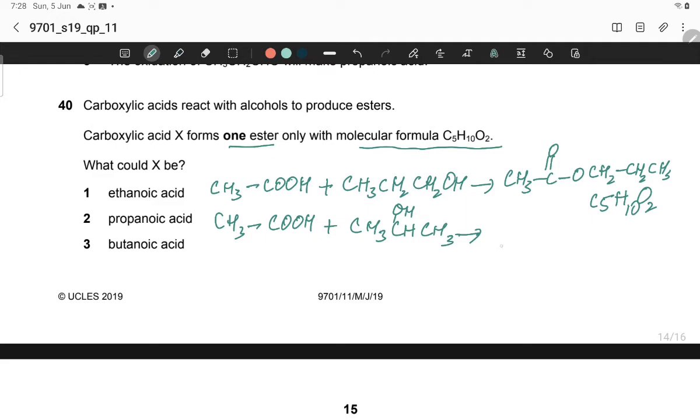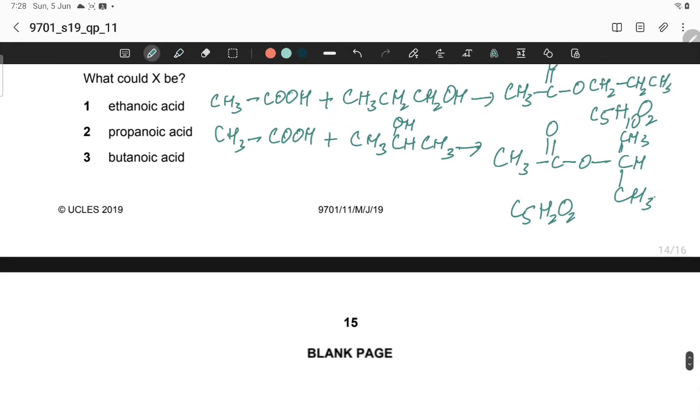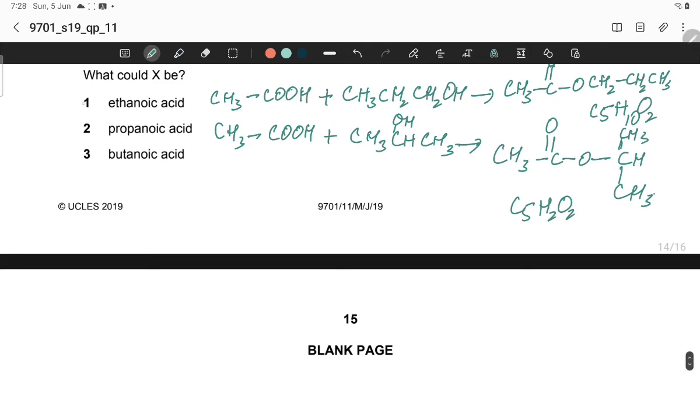So the compound is formed like this. So the formula is the same, C5H10O2, but this propyl ethanoate is formed as a C5H10O2 compound in two different ways. Now let's check. So this is an incorrect statement.